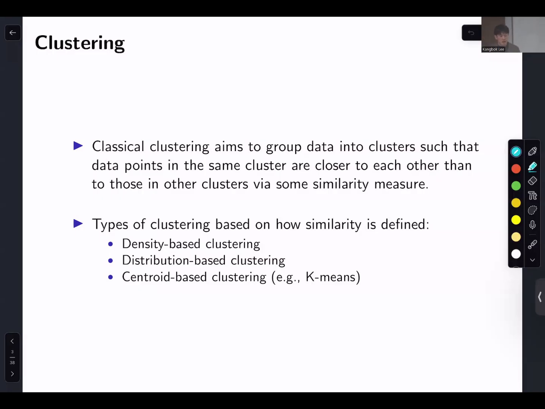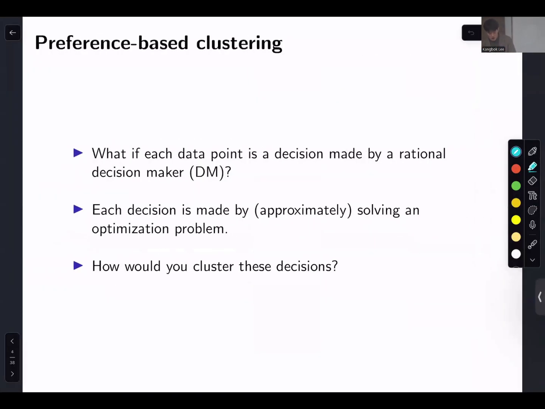Does that make sense? Now, what I like to think about is the following question, where the data points that are given are actually decisions, right? And they are decisions that are made by some rational decision maker who might have actually solved some kind of optimization problem to generate that decision, right?